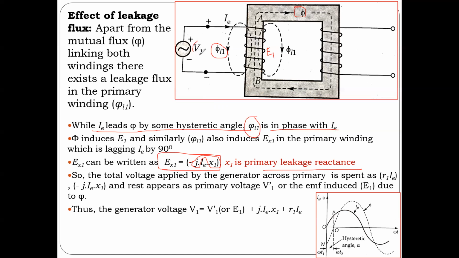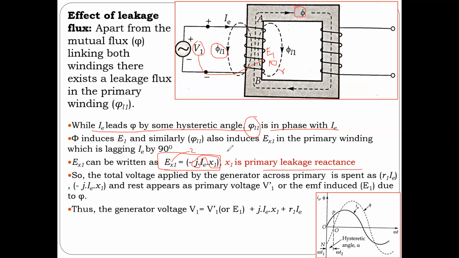So this voltage, okay, if you're talking about a real transformer, not an ideal one, it has to provide for E1. So let's say E1 is 10, and this voltage induced due to leakage reactance, let's say this is 2, and then the coil also has some resistance R, okay, and so there would be some drop because of this resistance of the coil.